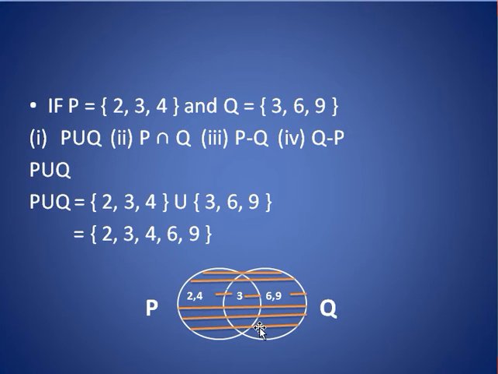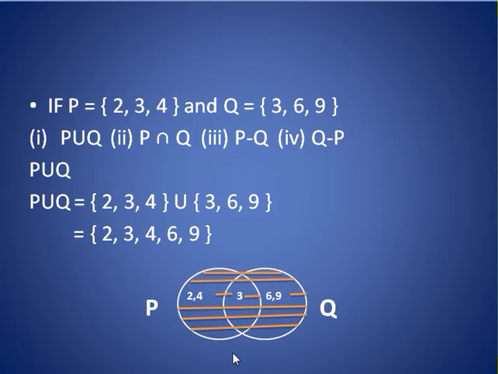This area is common to both sets P and Q, so we write common element 3 here. Rest of the elements of set P we write in set P, and set Q's elements 6 and 9 we write in the second circle, in circle Q.